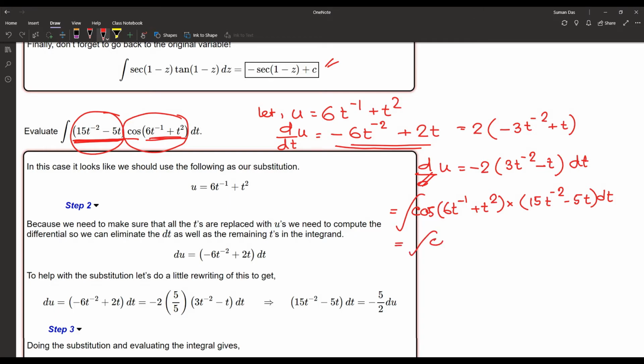From here we can take the common 5, it would be better.